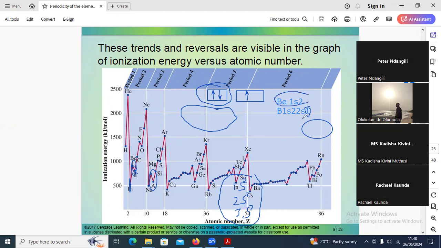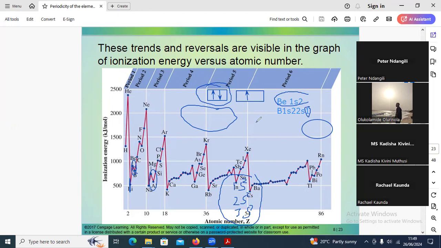It is the same thing happening in magnesium and aluminium.